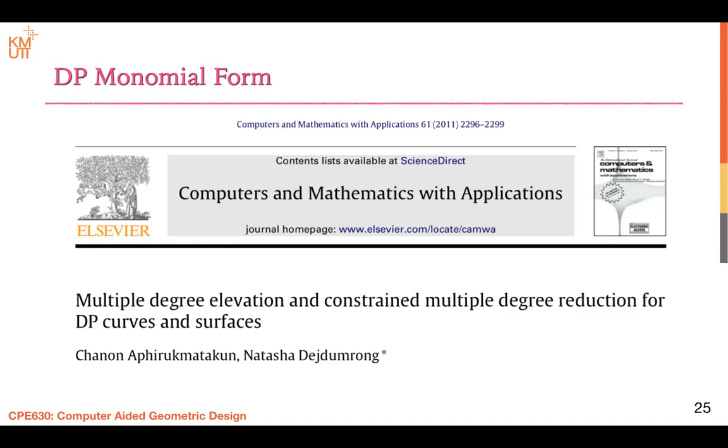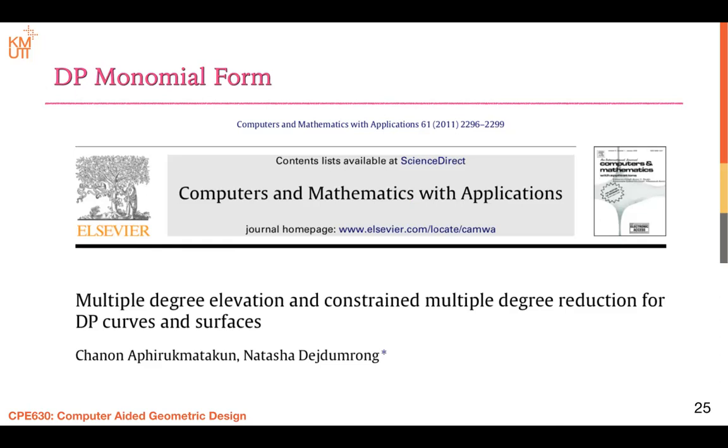Okay, we have already studied, first of all, the DP curve, right? And for the DP curve, we have all the different cases, and we combined them in 2008. And then we use that to find the conversion from Bezier to DP. We also proved that DP is also a form of basis as well.